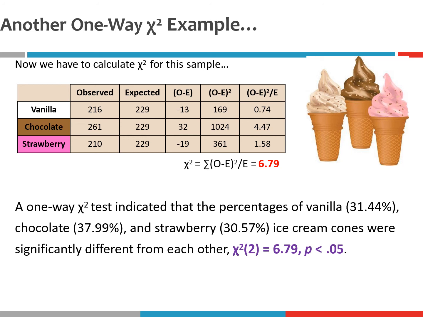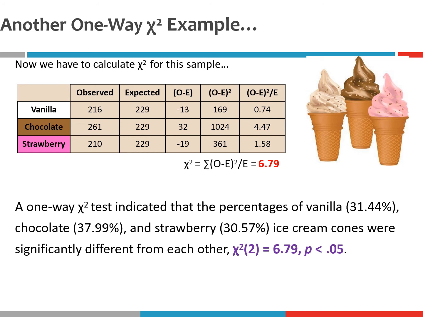Okay? Again, so when you report your results in APA style, you're going to indicate the type of test you conducted, which is a one-way chi-square. You're going to include your descriptive statistics, which are categorical variables. Those are going to correspond to the percentages of each of the category levels. And you're going to indicate your conclusion.